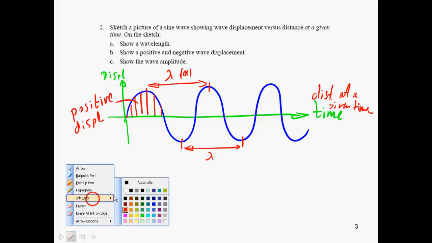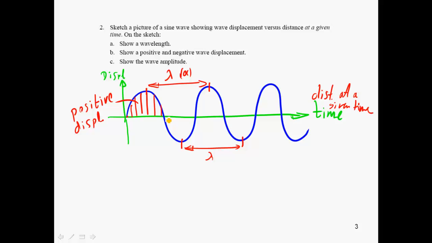And then, if I use this color, from this point to that point, this is all negative displacement. Okay? All these points on the curve, this is negative displacement. This is part B of the question.